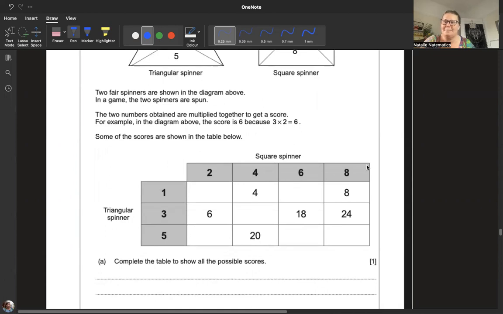So this is what we call a sample space diagram. We've got 2, 4, 6, 8, the options you can get with 1 spinner, and 1, 3, 5, the options you get with the other one. So whichever combination we have, we can then work out what the multiple of the 2 together is, what the product is, another word there, product.